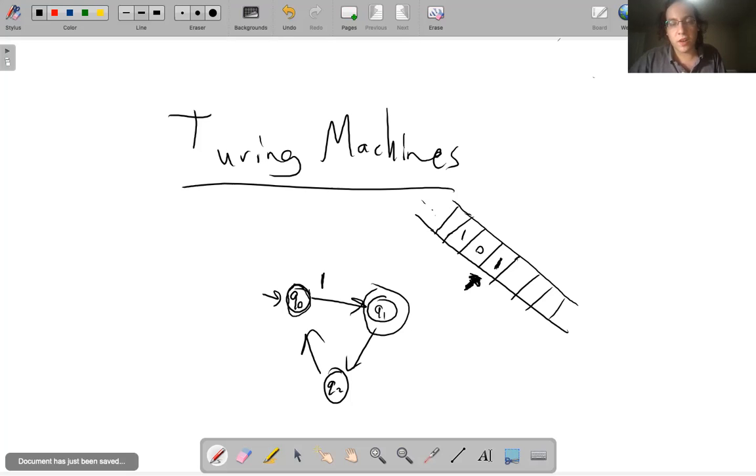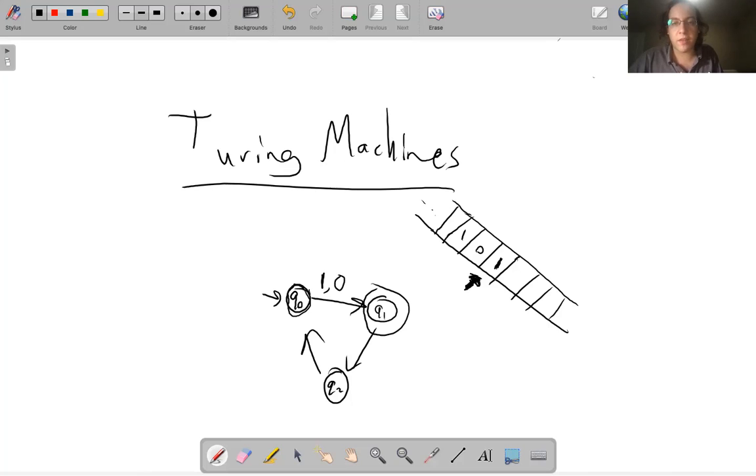So a transition can tell us something like, read 1, then write a 0, and then transition to the left. So we will denote that by something like 1, write a 0, and then transition to the left.